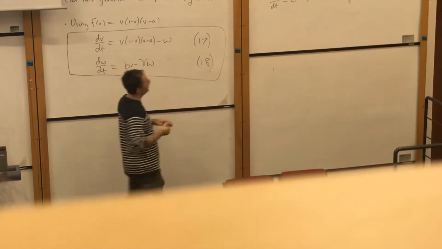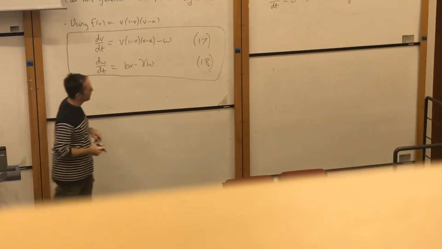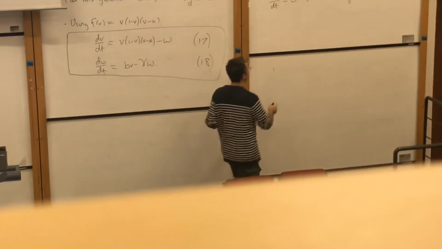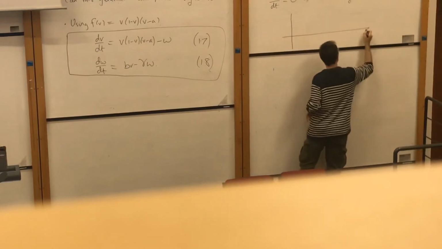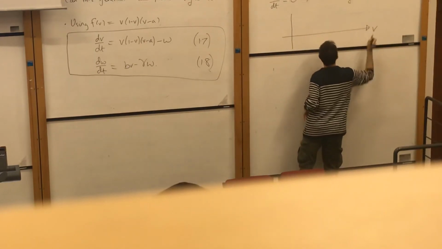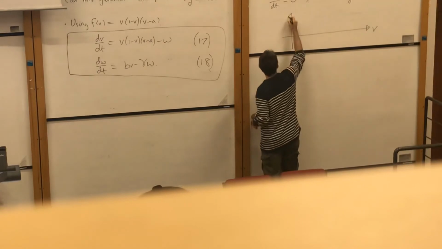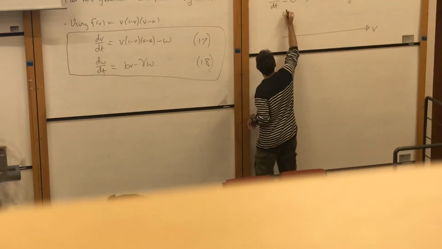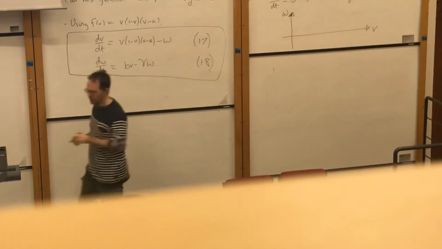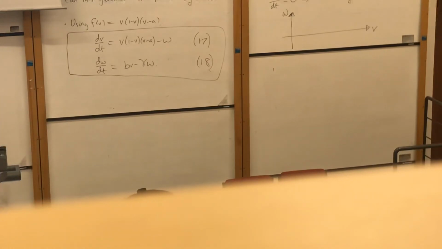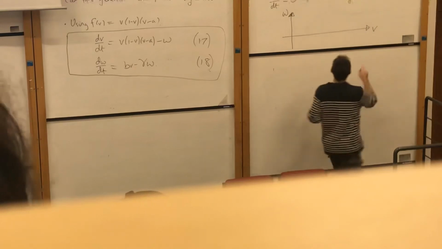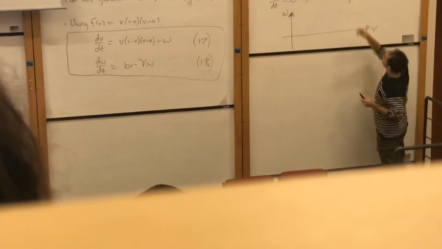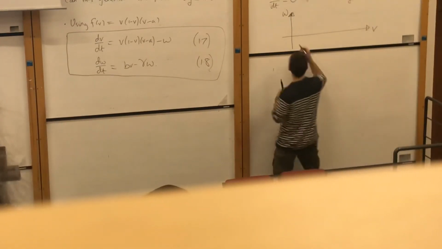So those are my v and w null lines. You can plot these on a graph of w against v. My v null line is when w is equal to v times 1 minus v times v minus a.